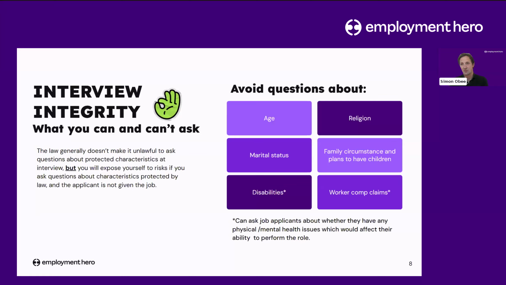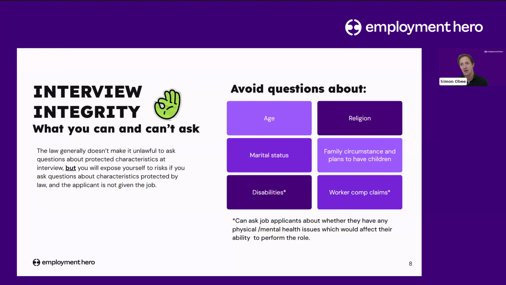So the golden rule here is don't ask this information unless it's really relevant to the role. For example, you shouldn't ask someone about their age generally, but of course, if you are recruiting for a role where there is some legal requirement about age, perhaps you're recruiting a bar person and they need to be a certain age to serve liquor, that would be a reason to do that.